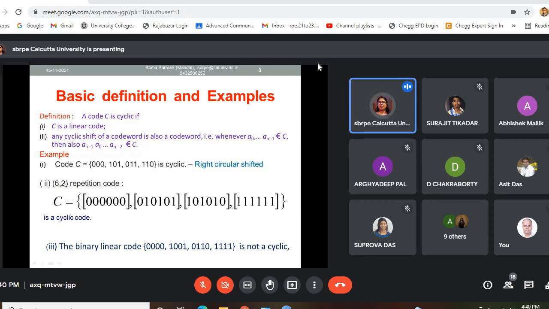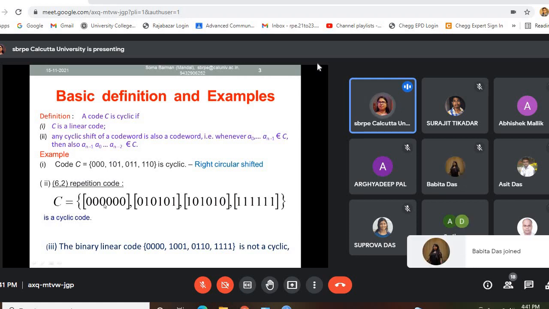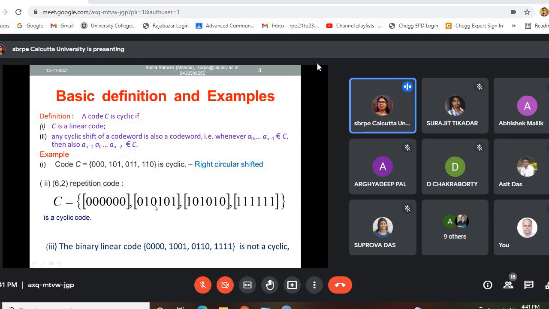So your information is repeated a number of times so that the length of the code will be 6. So now if I say the 2, it is 2 into 3 times it will be repeated. So 0, 0, again 0, 0, again 0, 0, 0, 1, 0, 1, 0, 1, 1, 0, 1, 0, 1, 0, 1, 1, 1, 1, 1, 1.